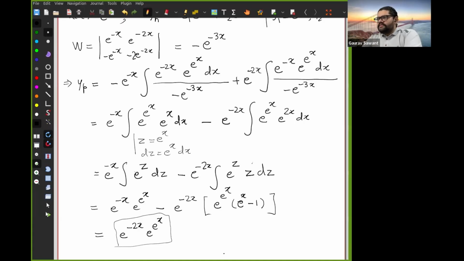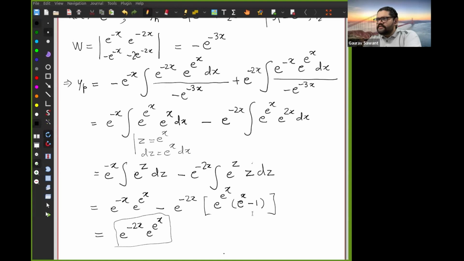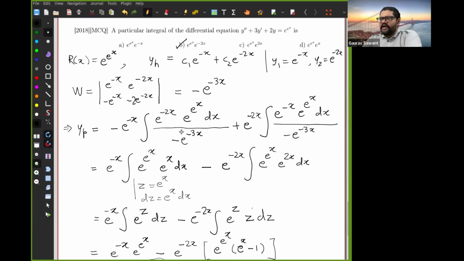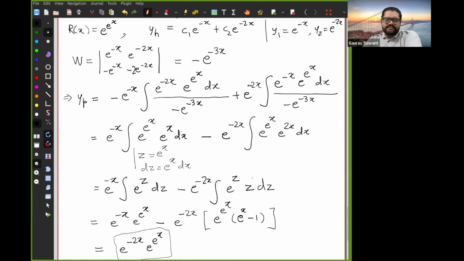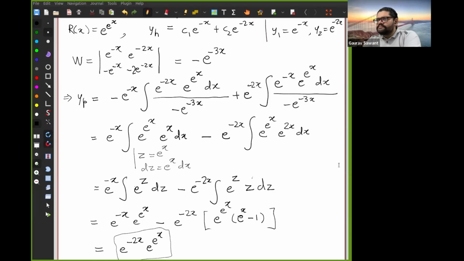And as you see, this option exists in this list. That is, I believe, option B. So this is the option: e power minus 2x and e power x at the end. Yes, now this is clear.